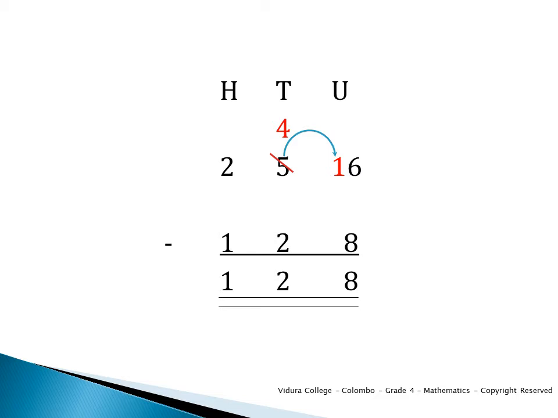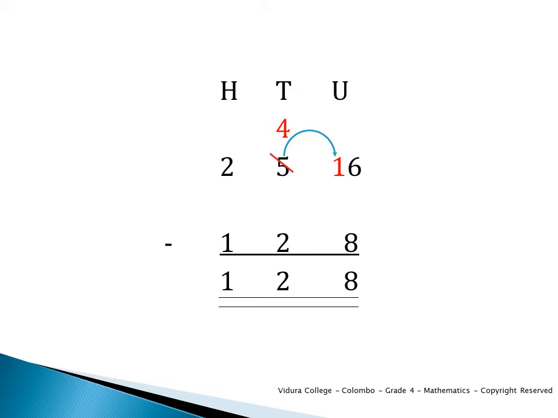Next, move to the tens place. In the tens place, we want to deduct 2 from 4, not 5. Answer is 2. As shown, you want to write it down.